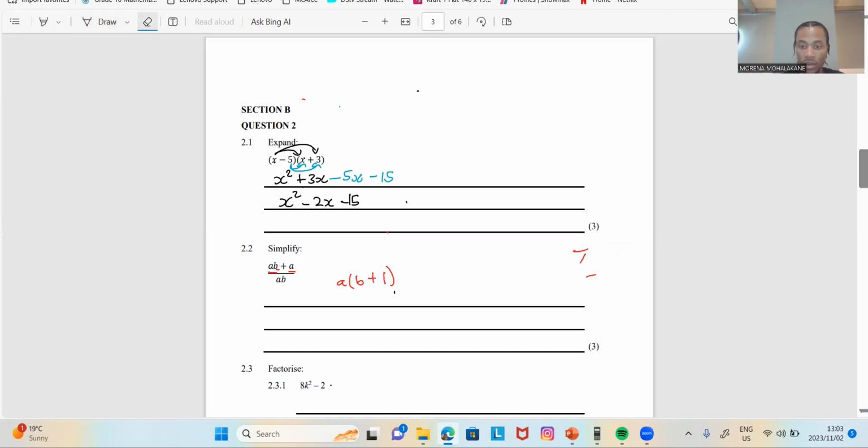Good. So this is going to be all over AB. And now, because there's multiplication here, this can eliminate that. Then my answer can be B plus 1 all over A.